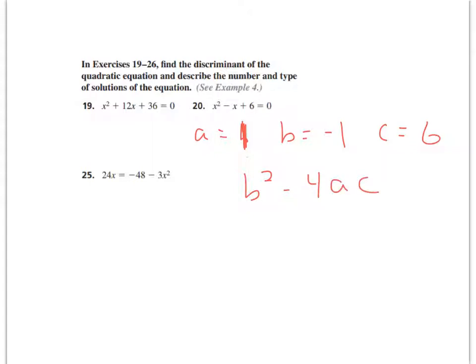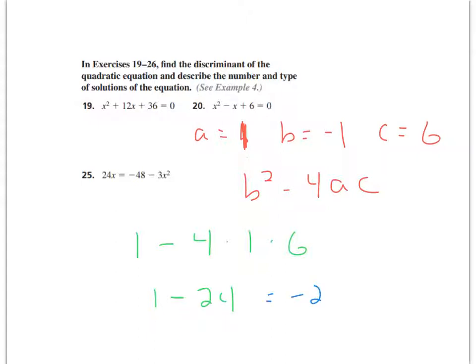Negative 1 squared is 1, minus 4 times A, which is 1, times C, which is 6. So I have 1 minus 4 times 1 times 6, which is 24. I have a discriminant of negative 23.